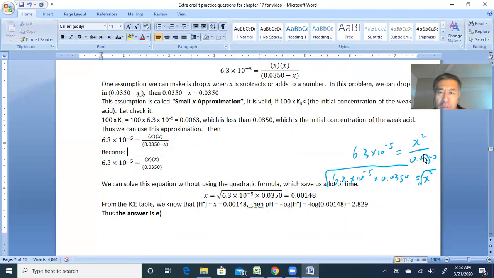You multiply this on both sides, then take the square root, and you get this number here. So then you go back to the ICE table, and you will see x is the concentration of H3O+ at equilibrium. H3O+ is the same as H+. So once you get the H+ concentration, you take the negative log, and therefore you get the pH. And the answer is E.